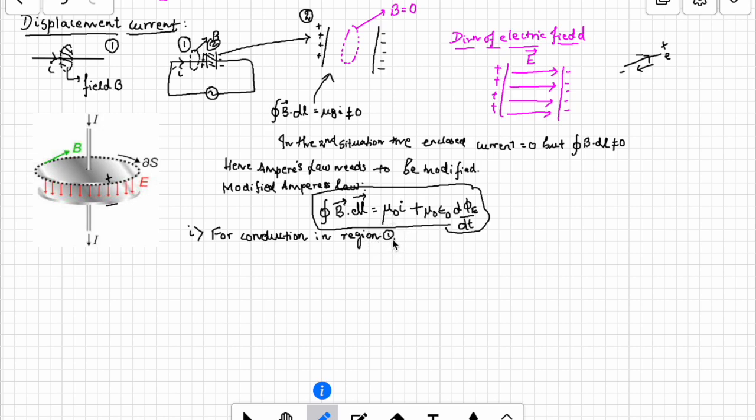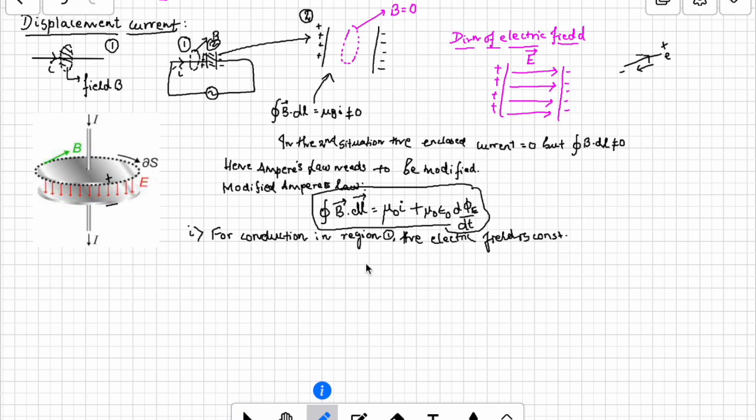So if you consider the first region, for conduction in region 1, we know that the electric field is constant. There is no changing electric field. There is a constant current that flows through this region. So we can say the electric field is constant.